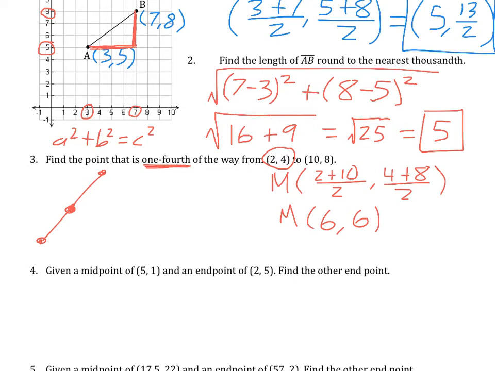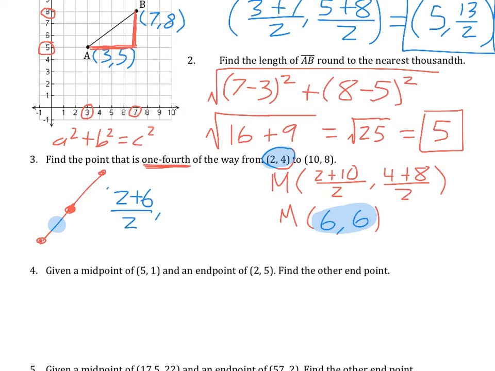So we're going to find the midpoint of 2, 4 and 6, 6 now. So the quarter point would be here. Alright, so the midpoint of those two coordinates, you would take 2 and 6, add them together and divide by 2.